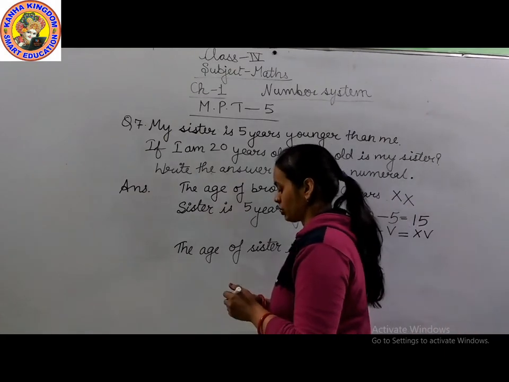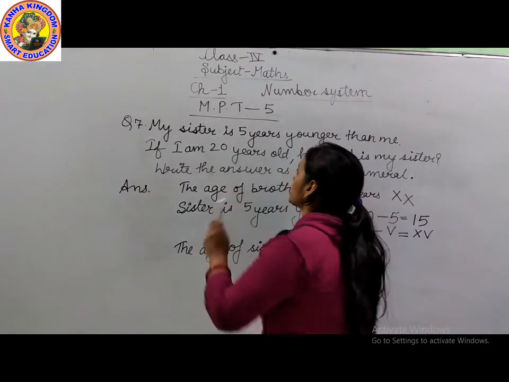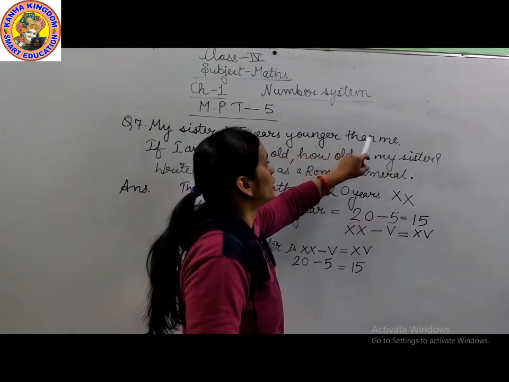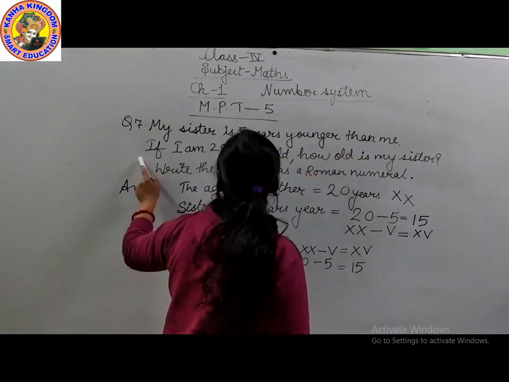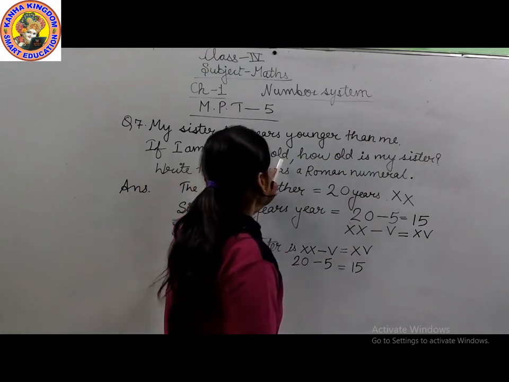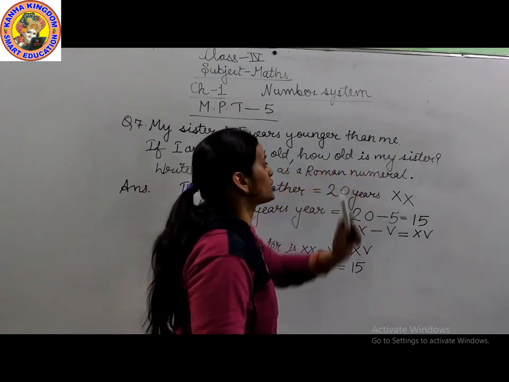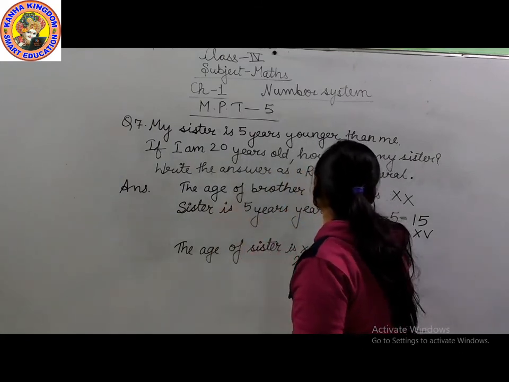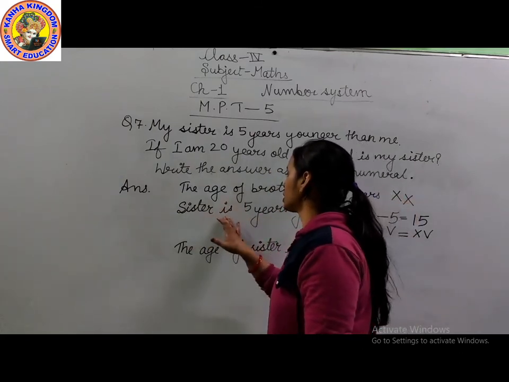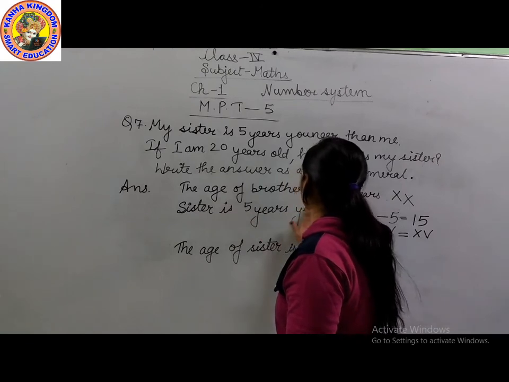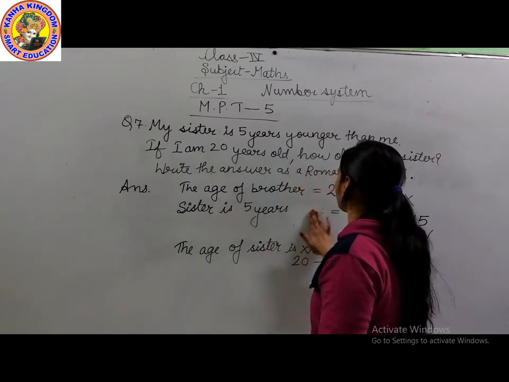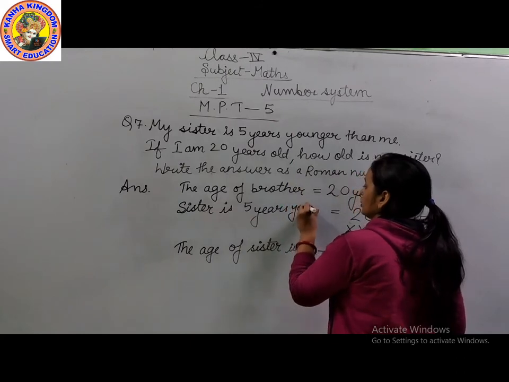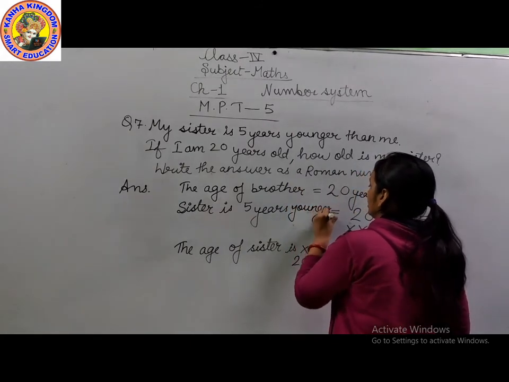Okay. So the question is, my sister is 5 years younger than me. If I am 20 years old, how old is my sister? So the age of brother is 20 years. Sister is 5 years younger. We write here younger.